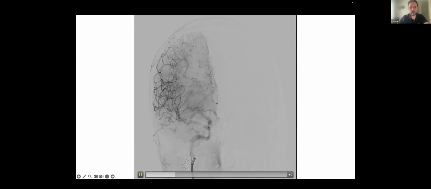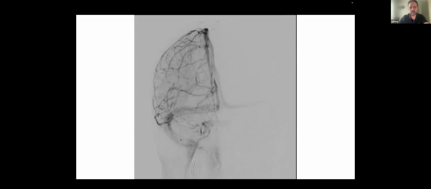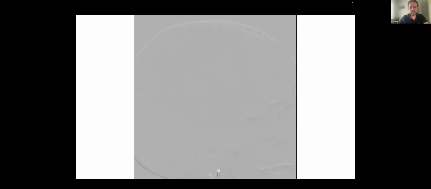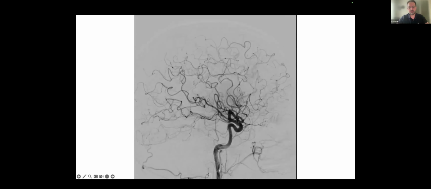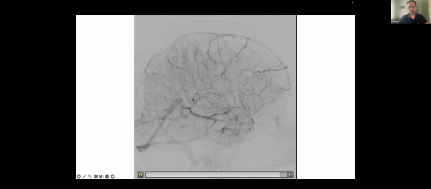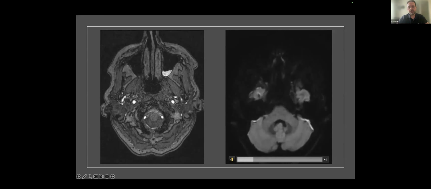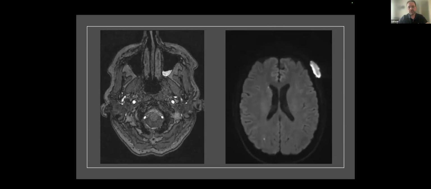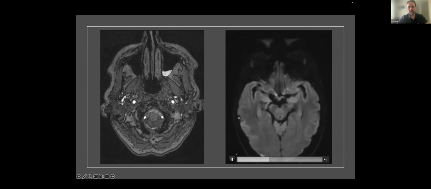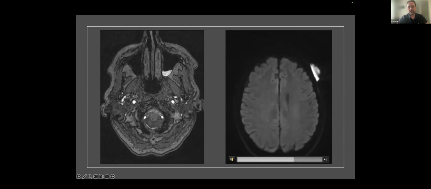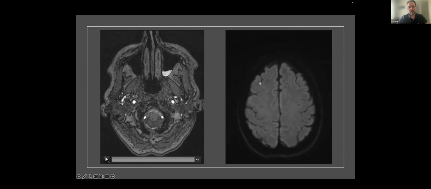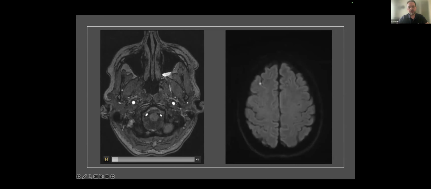So this was the view of the whole right hemisphere. This is the DWI. The patient has some small infarctions, but not symptomatic. And this is the top angiography.